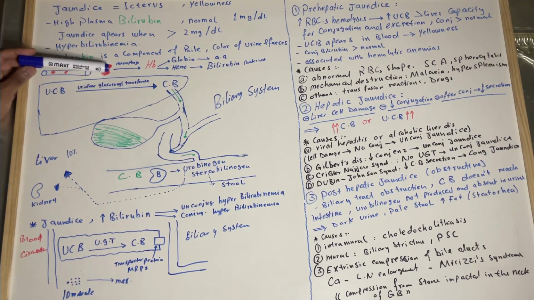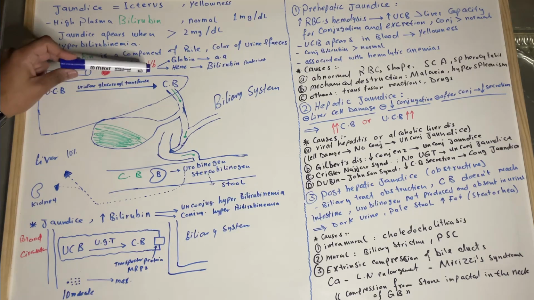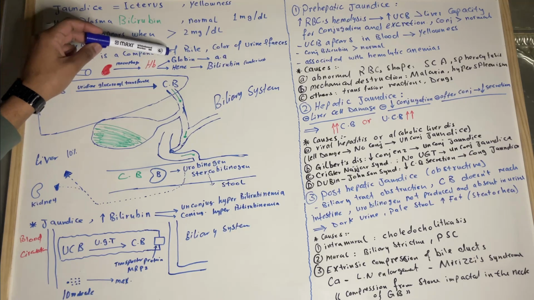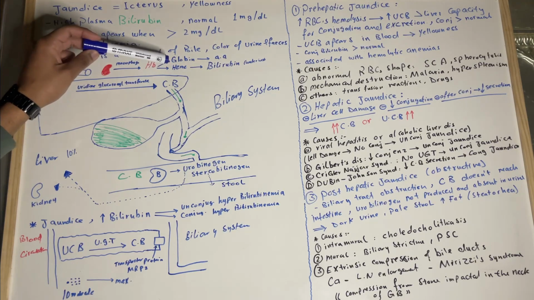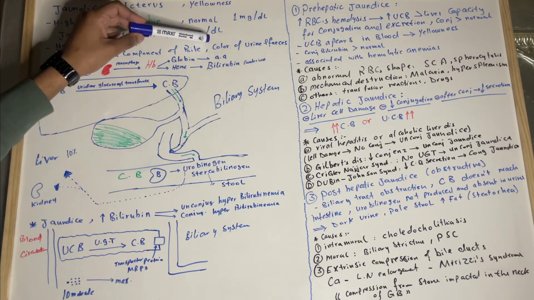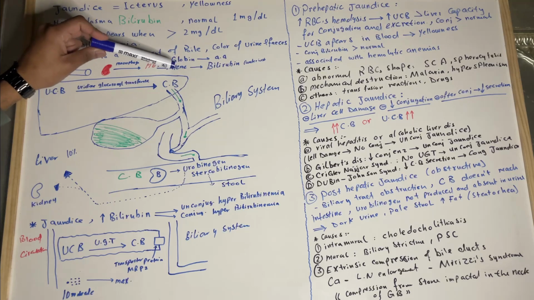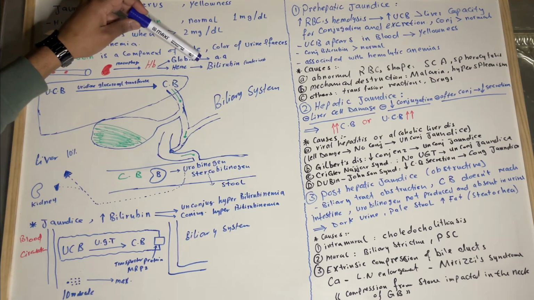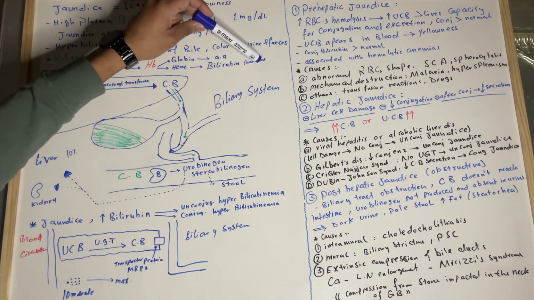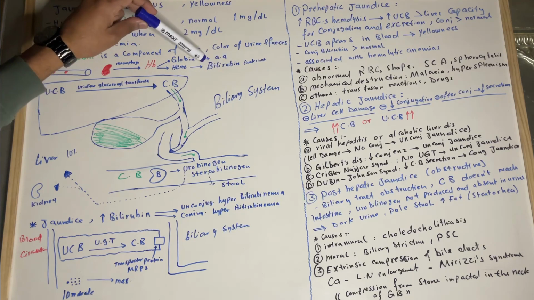The main product of this destruction is hemoglobin. Hemoglobin is then catabolized into two components, the globin and the heme group. The globin is broken down into amino acids, and these amino acids are reutilized, while the heme group is catabolized into bilirubin. And this bilirubin is water insoluble because it's unconjugated bilirubin.